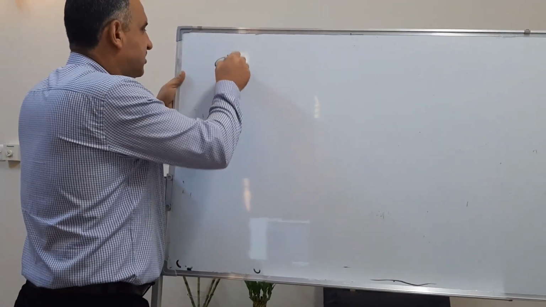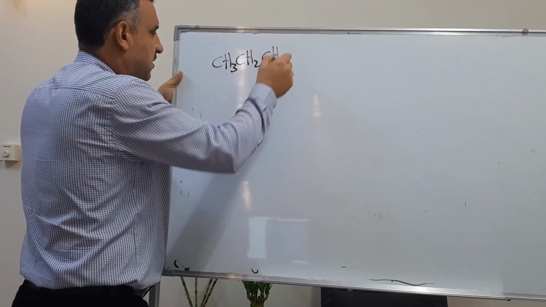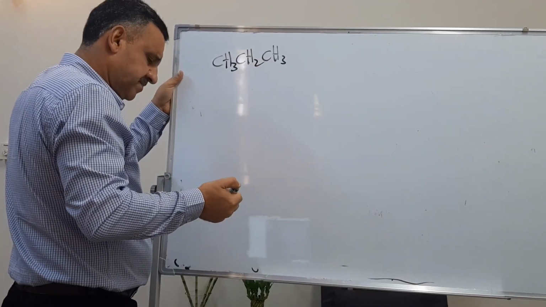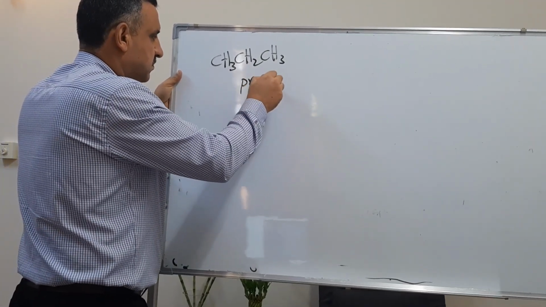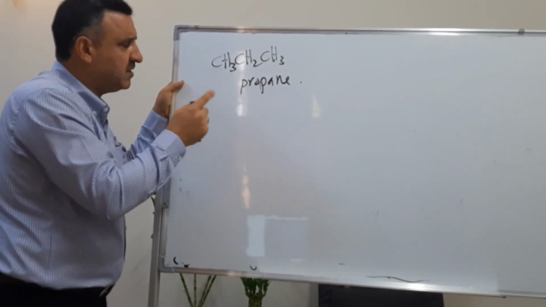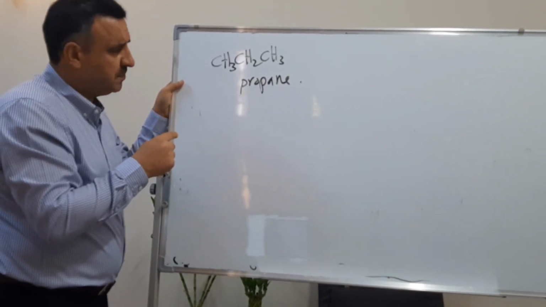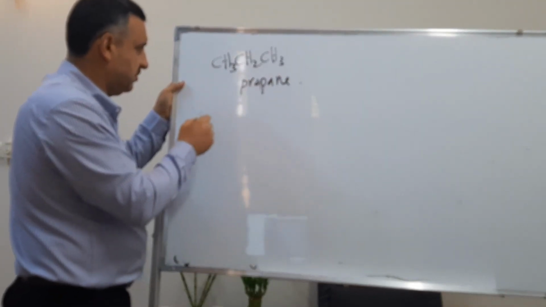So we have CH3, CH2, CH3. So this is the propane. Now as you can see here, there are two different ways for the hydrogen to be lost and connected to another chain or whatever in the future, as we will see.